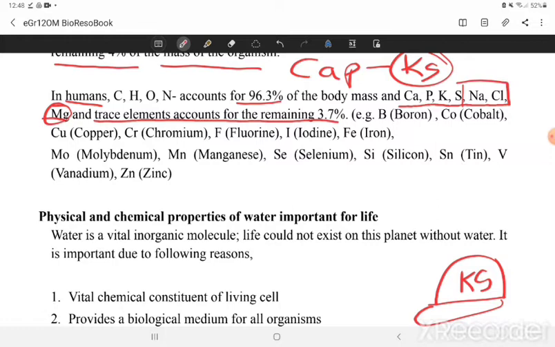So what are the trace elements? Boron, cobalt, copper, chromium, fluorine, iodine, iron, molybdenum, manganese, selenium, silicon, tin, vanadium, zinc.